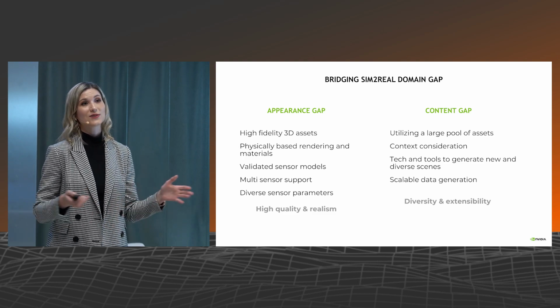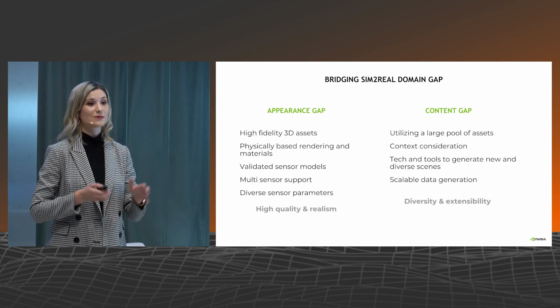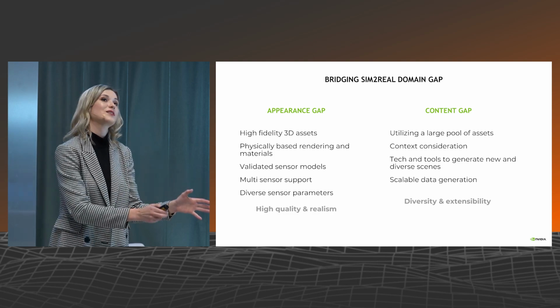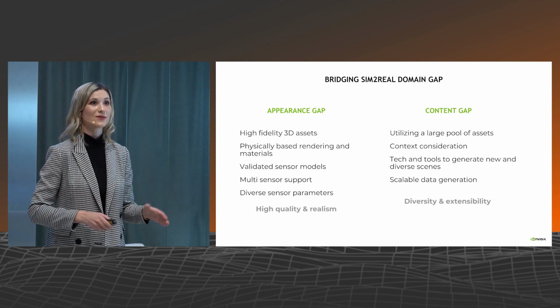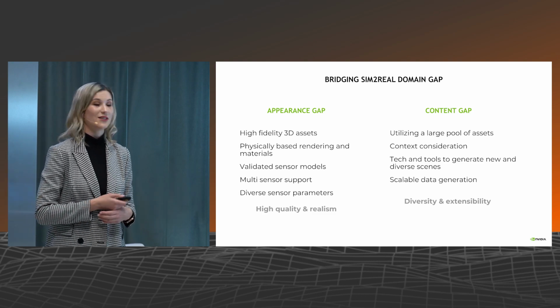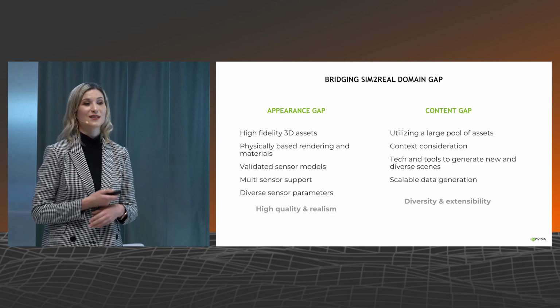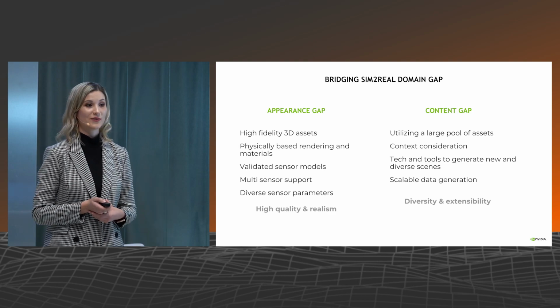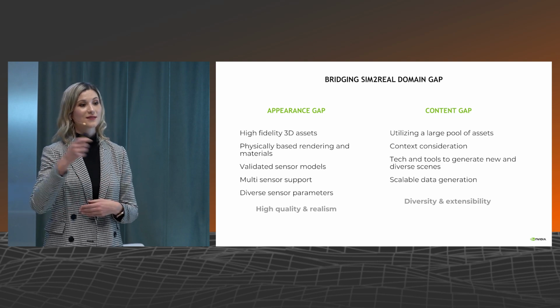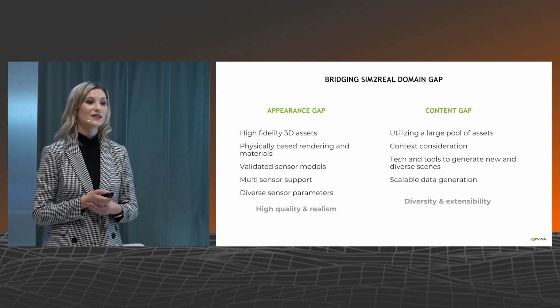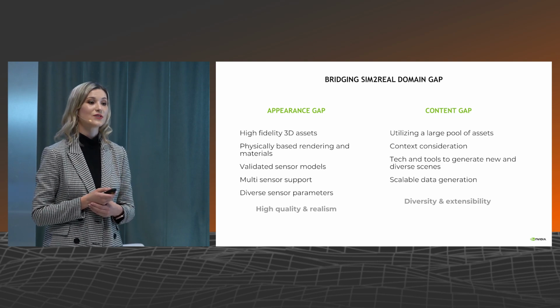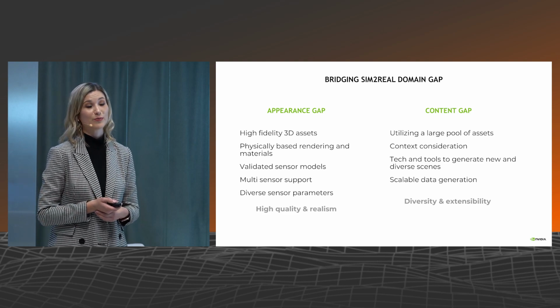So you need to be able to generate like not only like 1,000 images, but you need to be able to go beyond that and generate millions of images. And you need to be able to parameterize it and change things quickly. So to summarize this, to breach content gap, you're striving at diversity and extensibility.